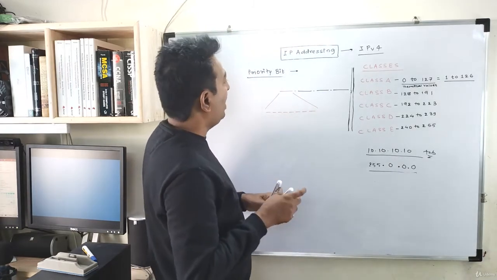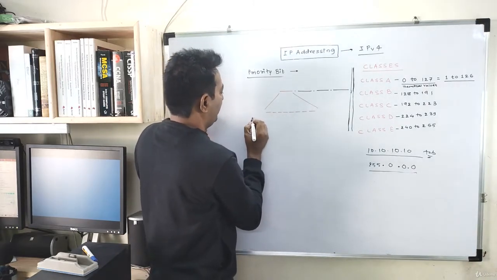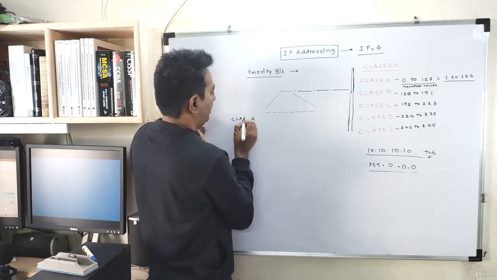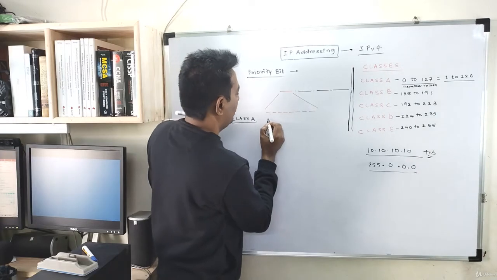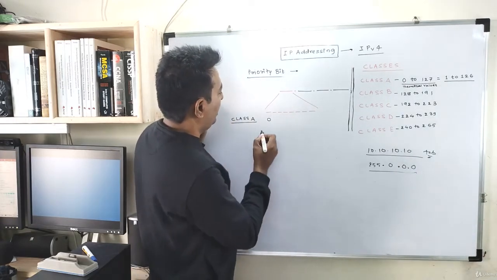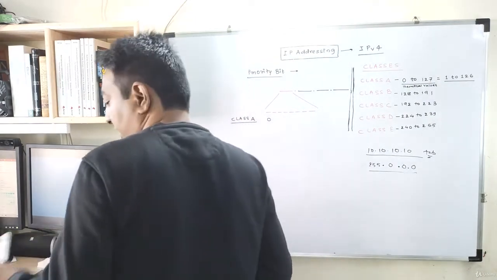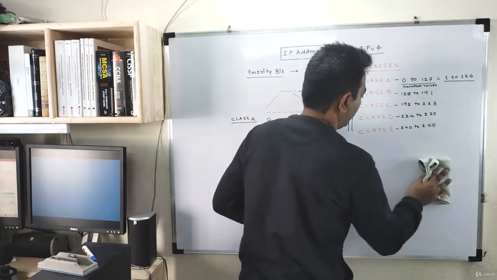Now for class A, the priority bit value is defined as 0. Let me write the ranges on the right side first so that you get better clarity.